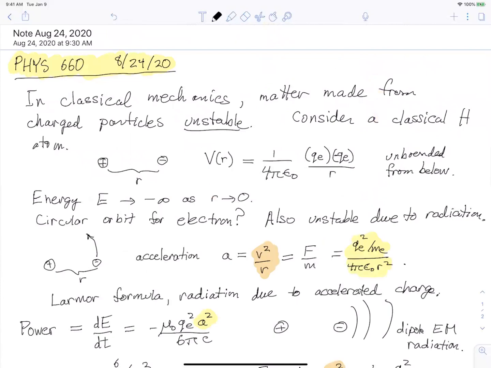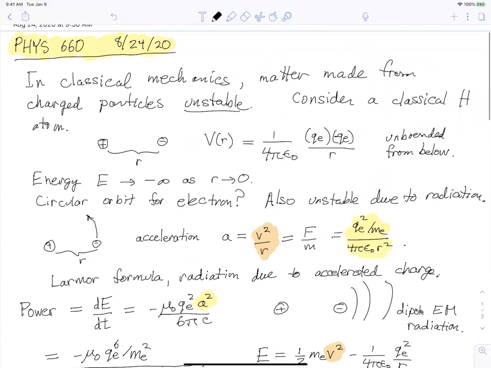Oh, this. That's supposed to say unbounded from below. Let me rewrite it. What does that mean? It just means as r gets very small, this thing is going to negative infinity. So it can be arbitrarily negatively large.